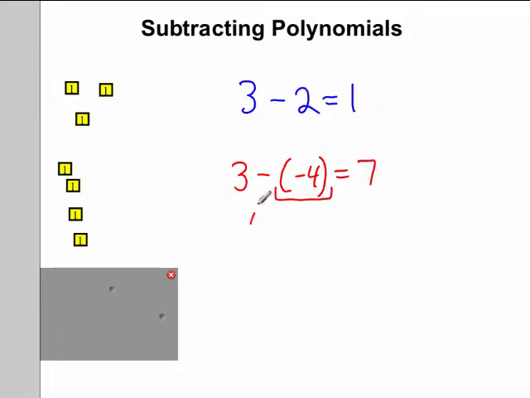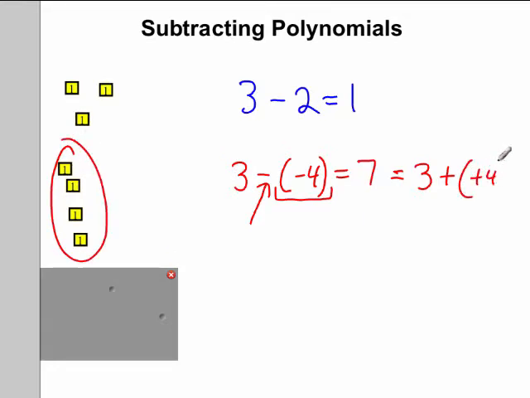Another way to look at this takeaway situation is that starting with 3 and taking away -4, the net effect was having my 3 and adding a +4, because you can see that's what we ended up doing in the end. And that is 7. So what I'm driving at here, and you can probably sense it, is that when we subtract, we can think of subtracting as addition of the opposite number.